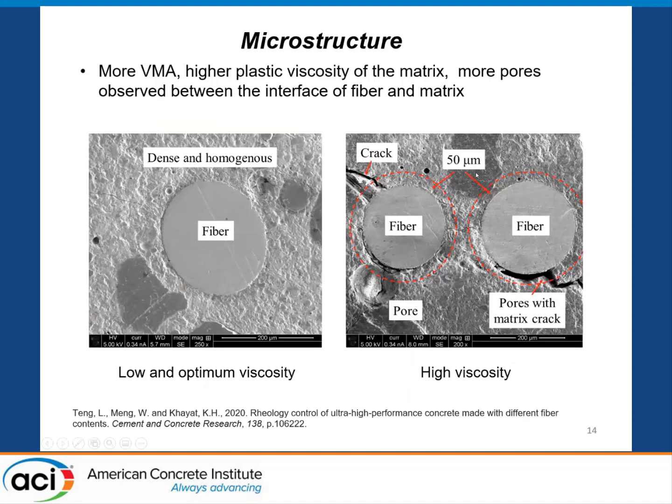This is because with more VMA, the plastic viscosity of the matrix is higher, and more pores are observed between the fiber and the matrix. So we need to find the optimum viscosity of the suspending mortar that will give us a better fiber distribution, but at the same time a denser, good microstructure.